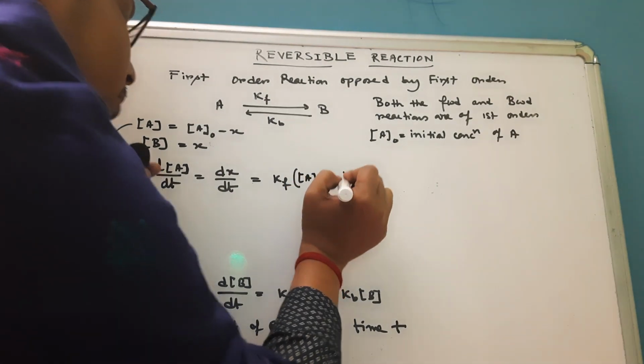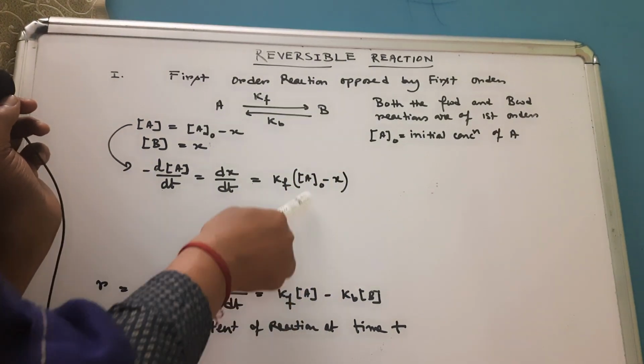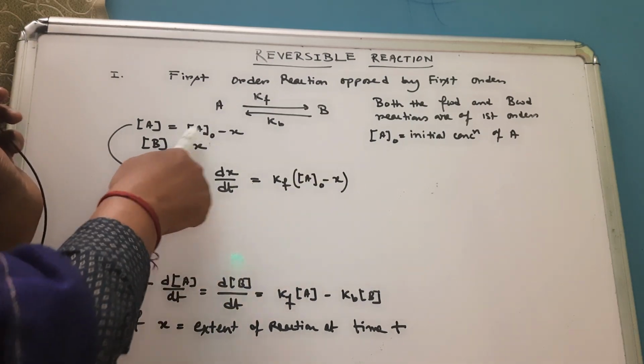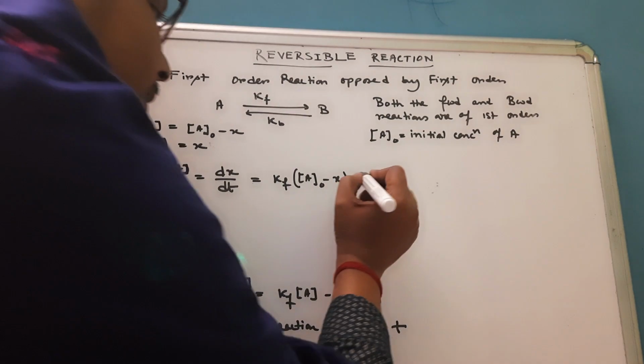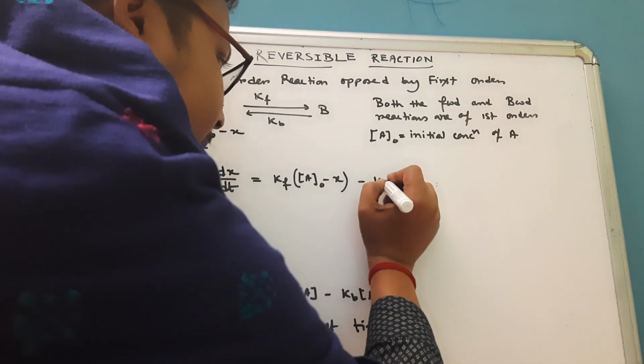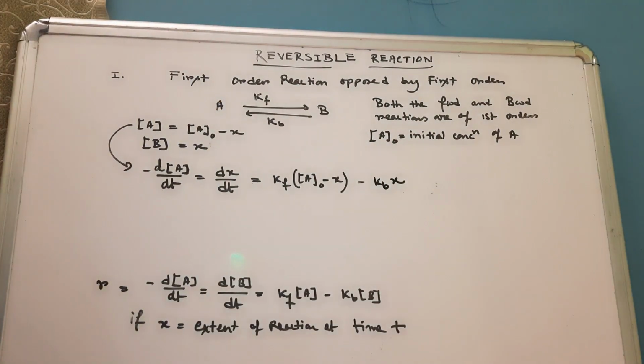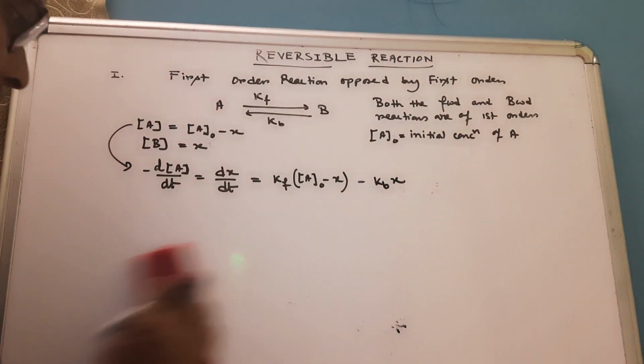In place of A we put A0 minus x, so the value of A equals A0 minus x, and for B it gives Kb into x. So this is our main equation.